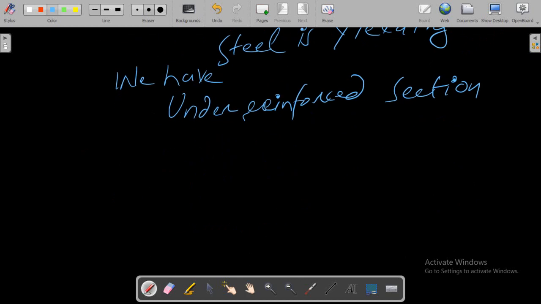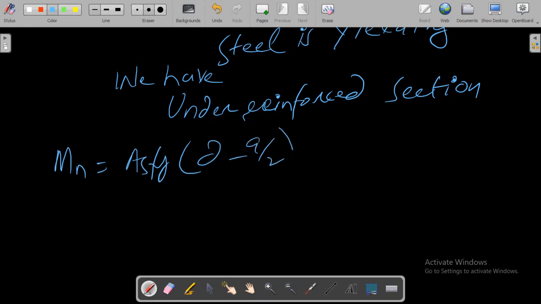After finding that, we are now able to find the Mn value. It can be found by using As Fy into (d minus a over 2).